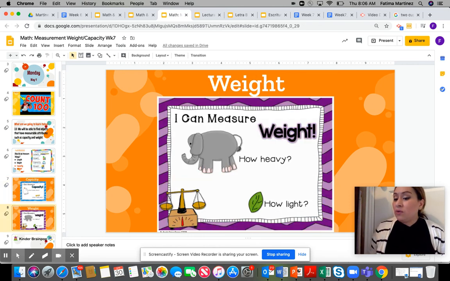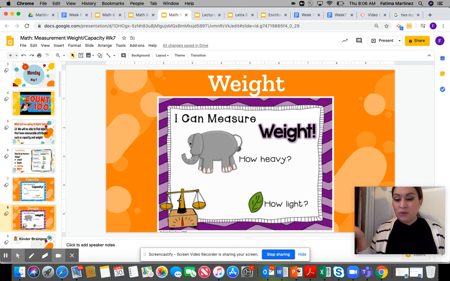All right, and now when we look at weight, weight is which one is heavy. Oh my goodness, it's so heavy. And which one is light. Remember when we learned about Squeakle Equal and he likes to balance? Well, Squeakle Equal is kind of like a weight right here, a balance beam, and it sees which one is heavier and which one is lighter.